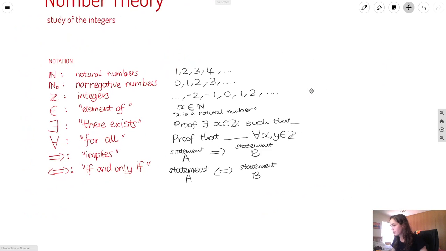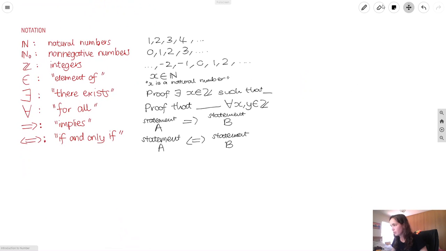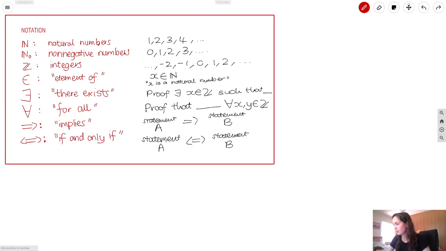You don't have to use this notation in your proofs, but it can be quite useful, especially when you're reading proofs online and you want to know what is being said.